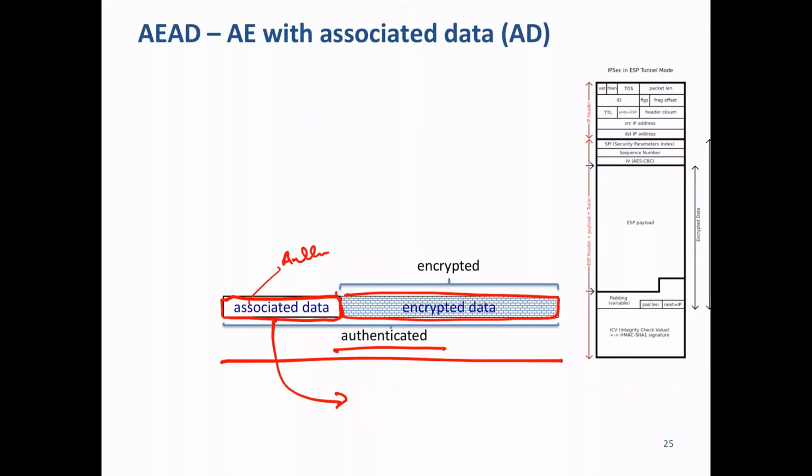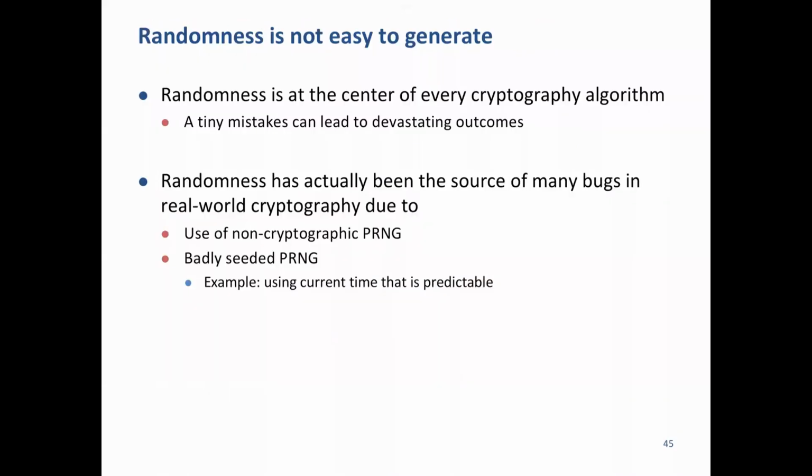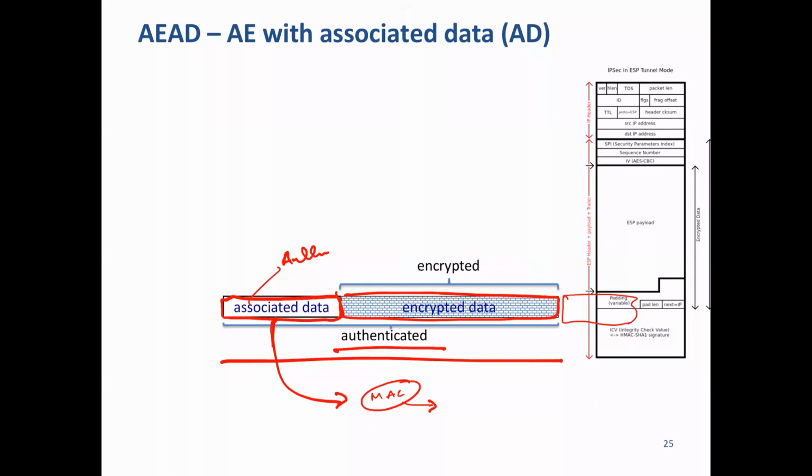We have studied integrity with MAC, right? This is just to illustrate the concept. We have not looked at the associated data, whether we are using MAC or what, and then it will be attached at the end, and a lot of other things, right?